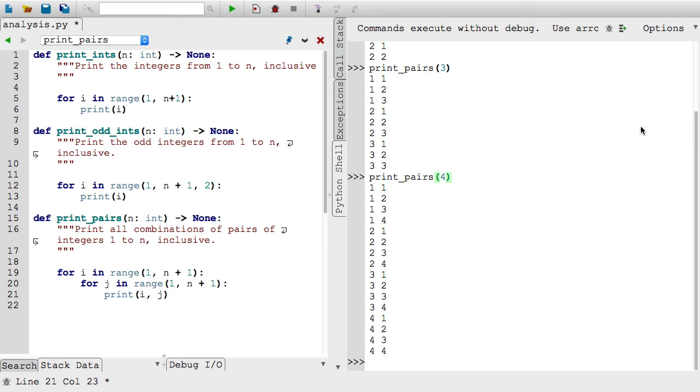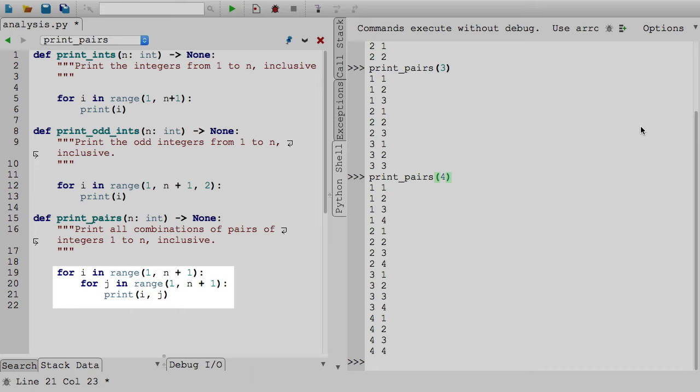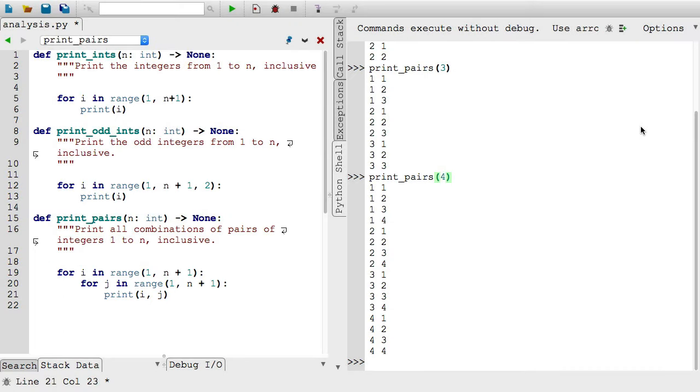When analyzing algorithms, we don't always have the luxury of running code. Sometimes we do analysis before writing code to determine whether it's even worth writing. We'll analyze this function by reading the code, and the same could be done with pseudocode. The print function call is inside the inner loop of a nested loop. When the inner loop is executed, it will iterate n times.